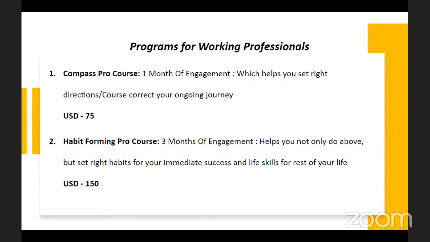Firstly, for working professionals, we have the Compass Pro course, which is a 1 month engagement that helps you set the right direction and correct your ongoing journey. The second is the habit forming course, a 3 month engagement, which helps you not only do the above, but sets the right habits for your immediate success and life skills for the rest of your life.